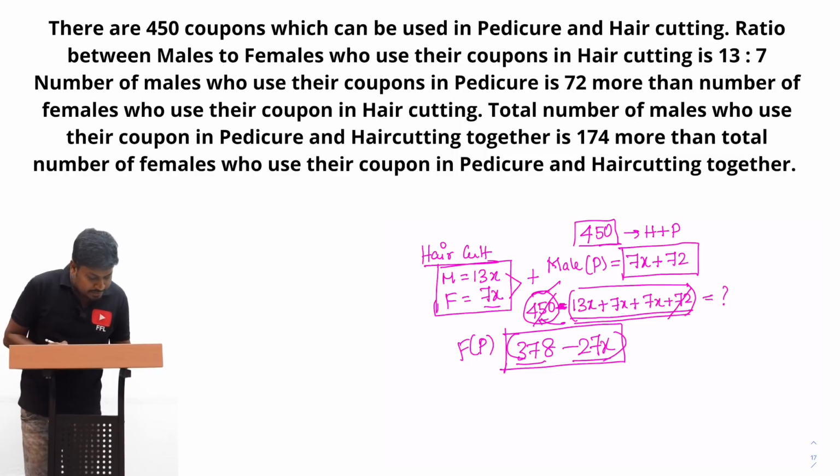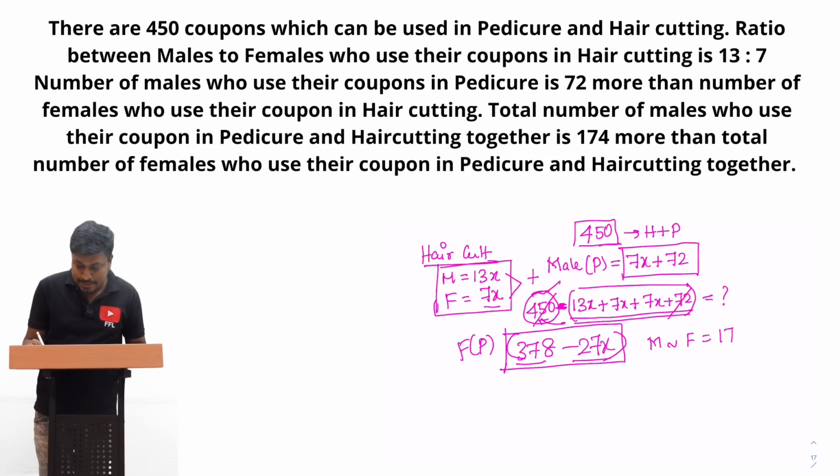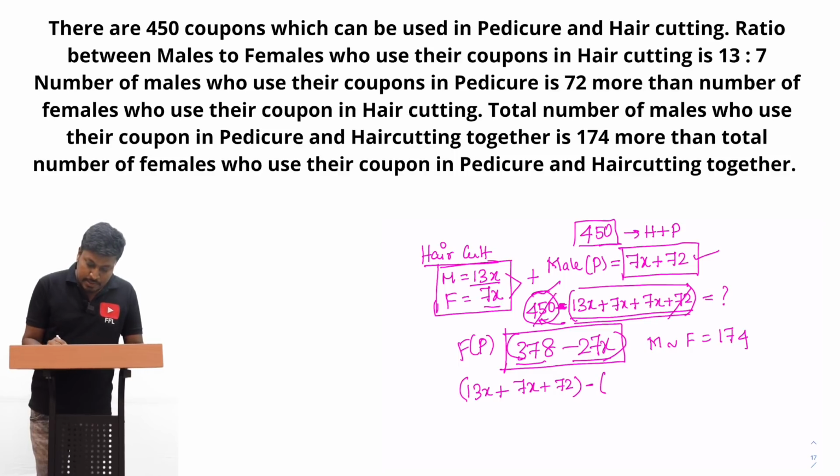According to the last point, the male total is 174 more than the female total. So male hair cutting plus male pedicure is 174 more than female hair cutting plus female pedicure, which means the difference male minus female is 174. Male hair cutting is 13x, plus male pedicure 7x plus 72, that is completely for male, minus the female: 7x plus 378 minus 27x, is equal to 174.